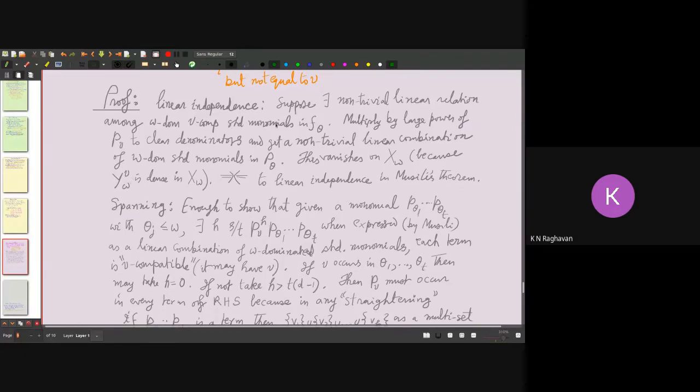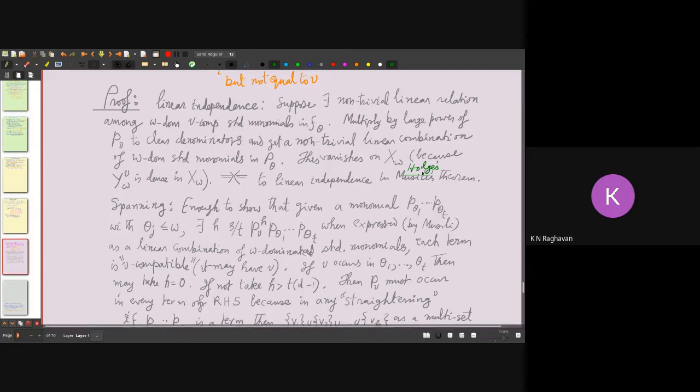And if the original linear combination was a relation, it will follow that this linear combination that I get of the W standard monomials, when I restrict to XW, will vanish. But that's a contradiction to linear independence in not Mussoli's theorem, but Hodge's second theorem.